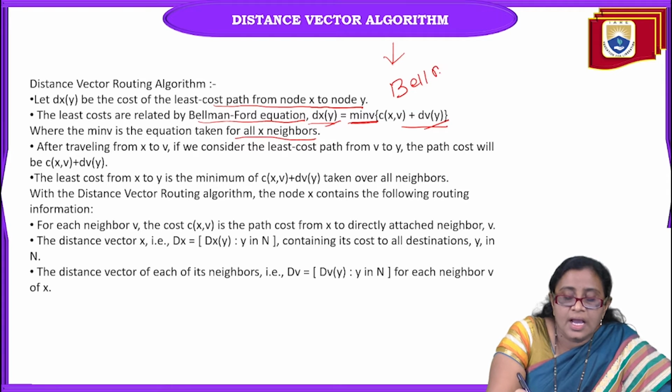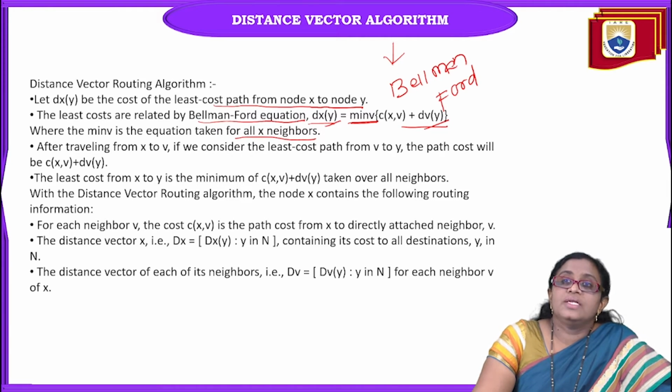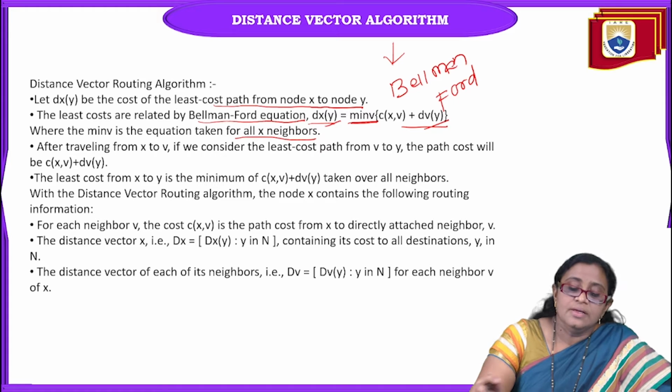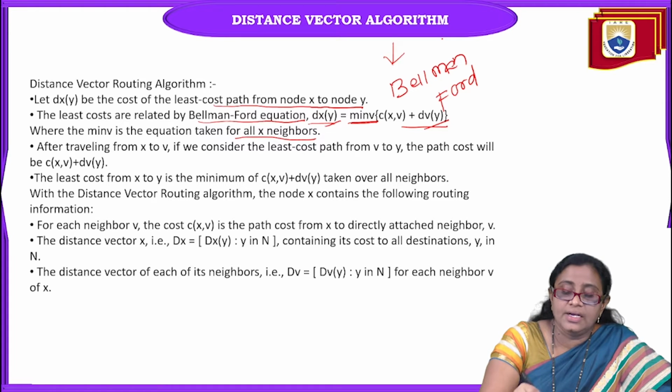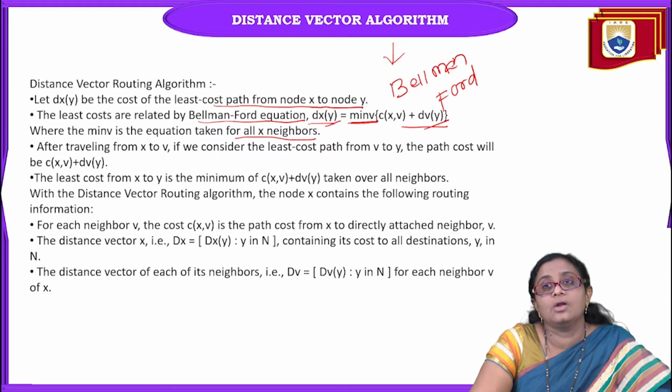Why? Because he defined an equation for calculating the least cost path, and he is the person who introduced that equation. So this algorithm can secondarily be called the Bellman-Ford equation or Bellman-Ford's algorithm.